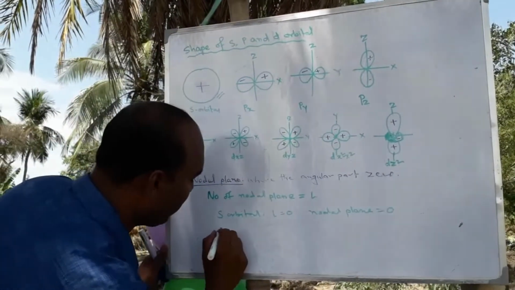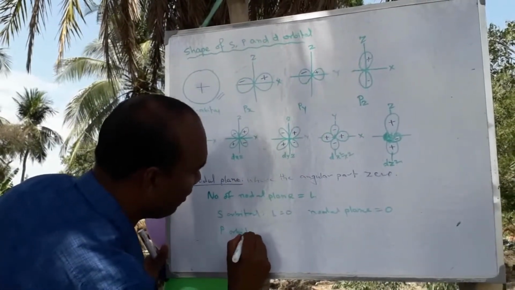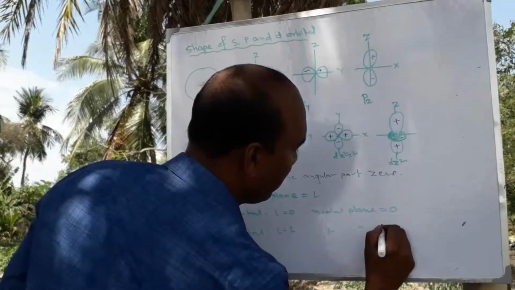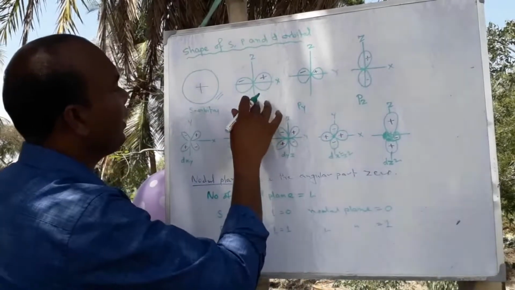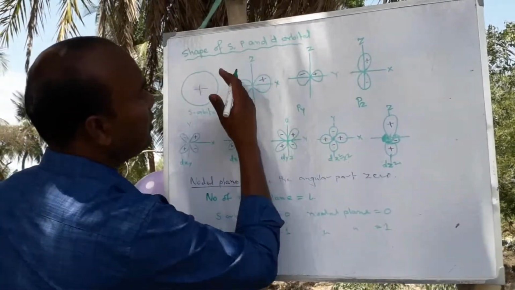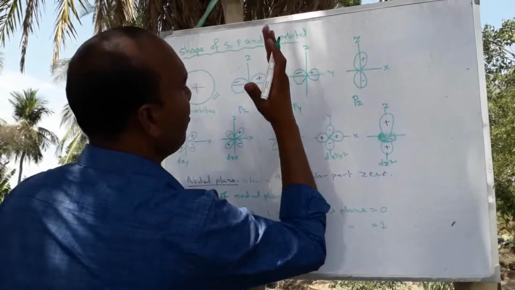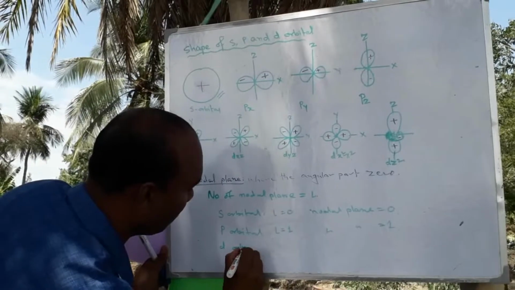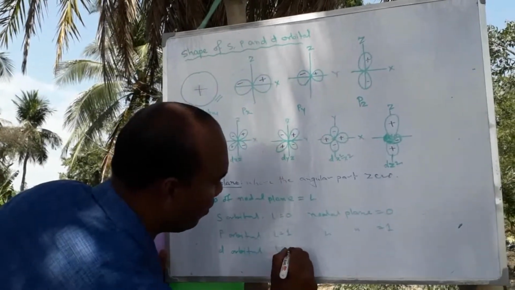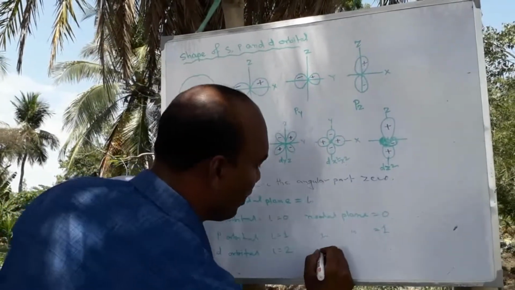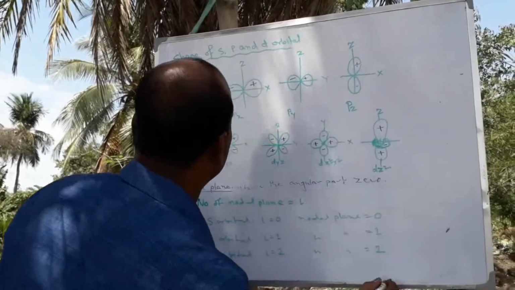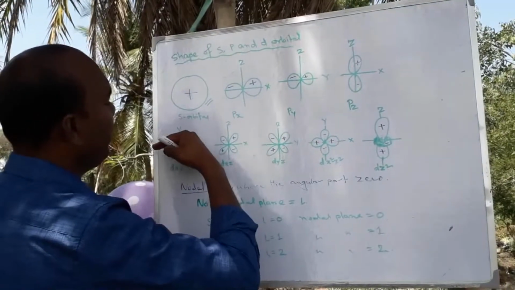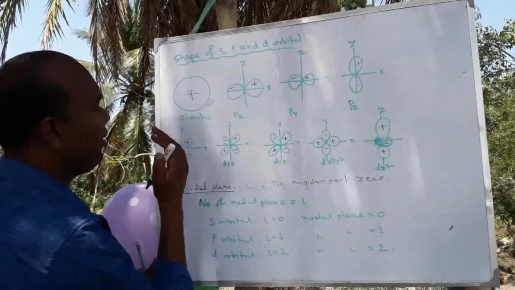You see, for the p orbital L equal to 1, so here nodal planes equal to 1. For px, the nodal plane will be in that direction. For py, the nodal plane is in that direction. You see, for the d orbital, L equal to 2, so nodal planes will be equal to 2. For dxy, one nodal plane will be in that plane and another is in that direction.